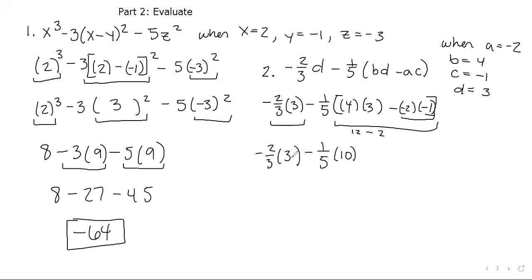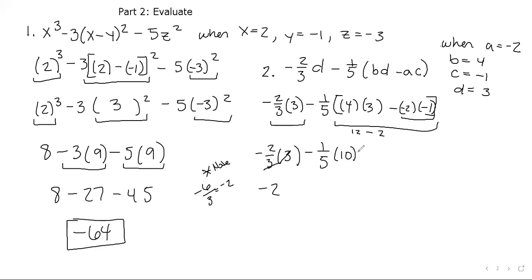Some of you will have the understanding that because this is a 3 in the numerator and a 3 in the denominator, you can cancel those out and just get -2, okay? So whether you have to see it as -6/3 equals -2, or you see it like this, either way is understanding, okay?